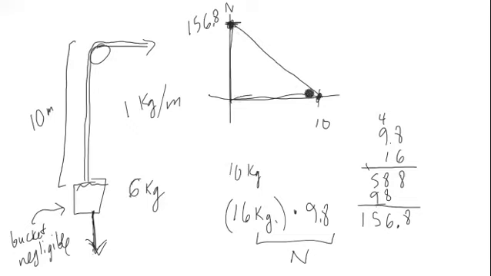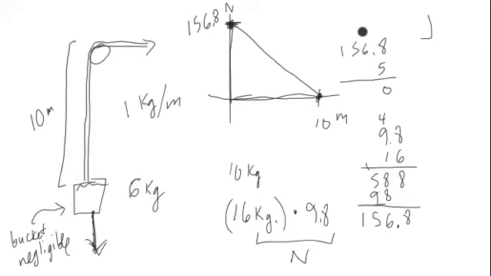To find the area of this triangle, we just have 10, and this is in meters. Newton meters, another way of saying that is joules. So we have 156.8 times 10, but then divide by 2. That's the same as taking 156.8 and multiplying it by 5, since we just divide the 10 by 2, because we're finding this area here.